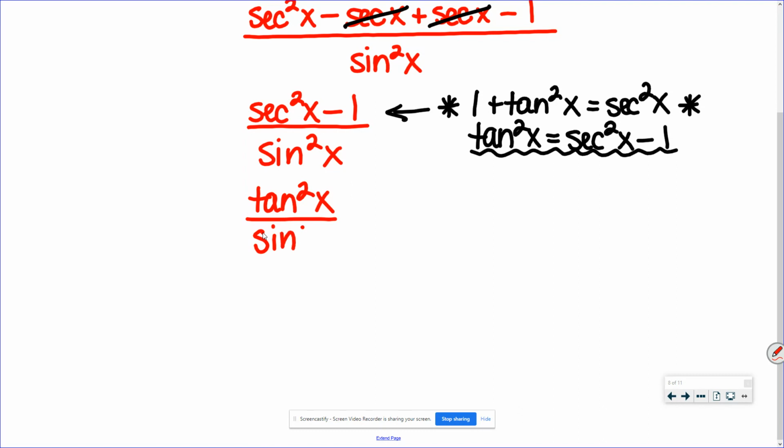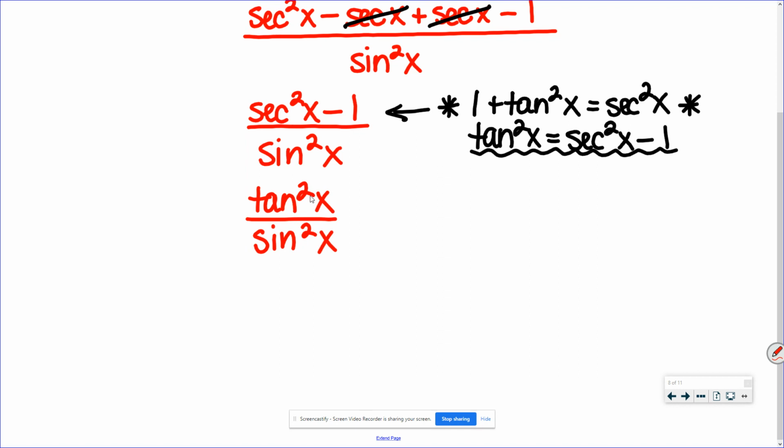So that top is just going to be rewritten as tangent squared over sine squared. We haven't really done anything with that denominator yet. Okay? And again, it's kind of hard to tell sometimes when you're supposed to stop and when you're supposed to keep going. I would say you just keep going until there's nothing left for you to do.